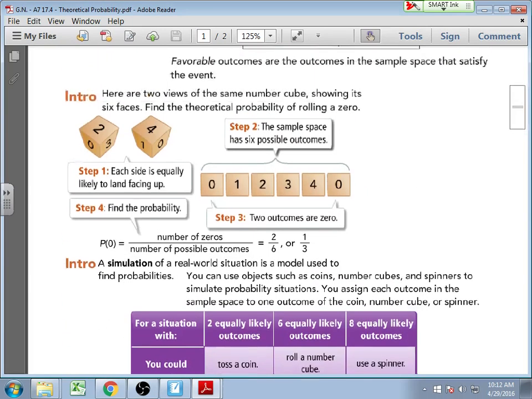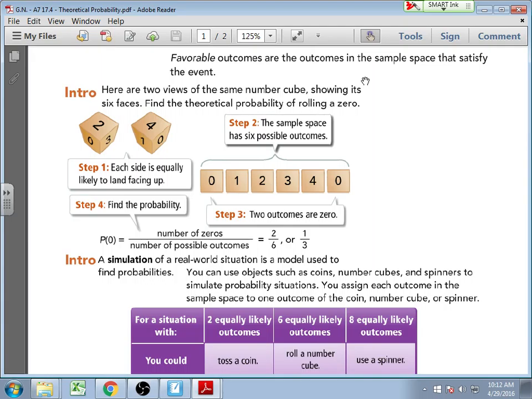So let's say this number cube. My probability of getting a 0 is 1/3 on one roll. The next roll I take, the probability of getting a 0 is 1/3. The next roll, again 1/3. So this is the next chapter, compound probabilities. But the probability of getting 3 zeros in a row is 1 out of 27, because every time you do the trial, you are multiplying with your previous probabilities.